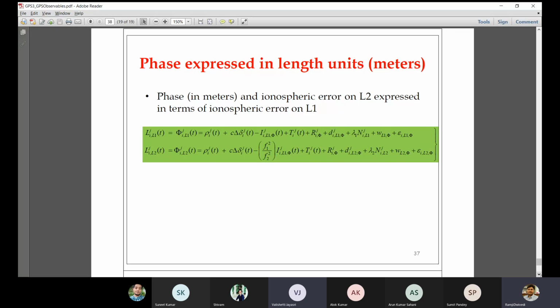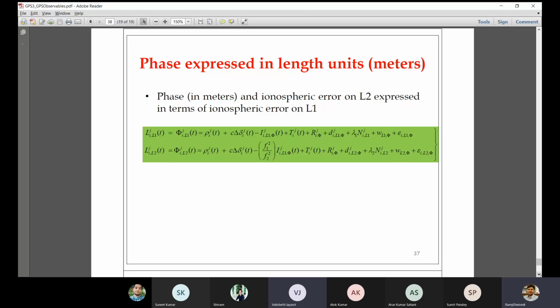If you multiply the whole term by lambda, f lambda by c is again c, so c by c cancels out. Then c by lambda, when multiplied by lambda, that lambda cancels out. So the whole objective is that you should multiply the previous cycle equation by lambda, and to get the number of cycles, if you multiply it by lambda, it will become meters.